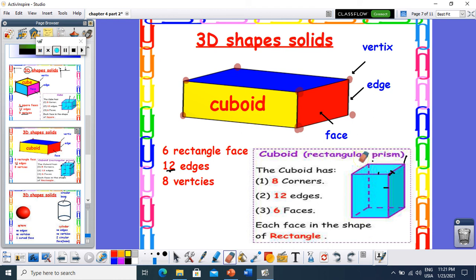Now how many faces do we have? As we mentioned before, up and down 1 and 2, right and left 3 and 4, two opposite 5 and 6. So I have 6 faces. The shape of each face is a rectangle.